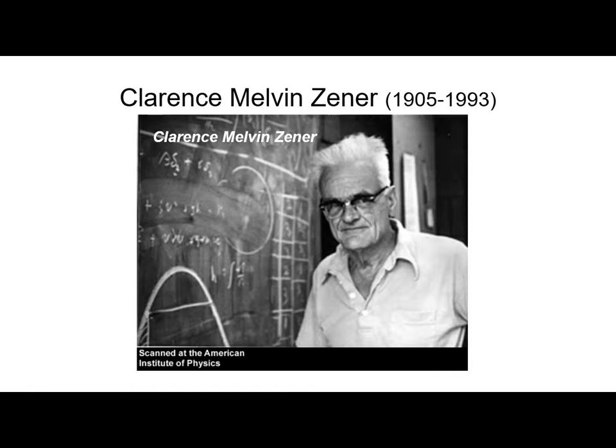It called that the Zener diode to honor Professor Zener. It's designed to operate backwards, and even though it's called a diode, we never use it as a rectifying diode. We use it backwards just to keep a voltage between its terminals constant, as long as we keep the current through the Zener diode between the minimum and the maximum current.